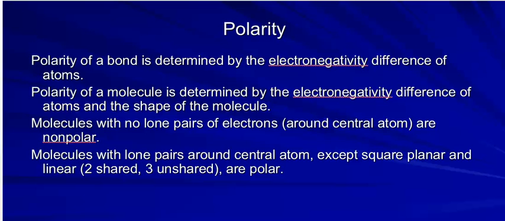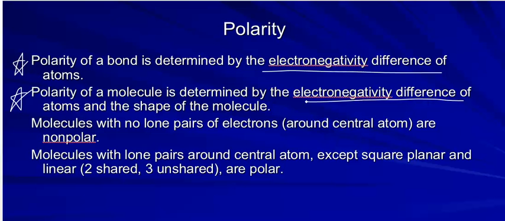Okay, a couple big points here. Polarity of a bond is determined by the electronegativity difference of atoms, and I ask you that on the test. So how do you determine if a bond is polar? Look at the electronegativity difference of atoms. How do you tell that a molecule is polar? I'm going to put a star there because that's important. You look at the electronegativity difference of atoms and the shape. So those are 2 big points which are covered on the test.